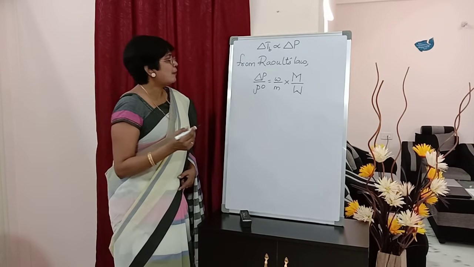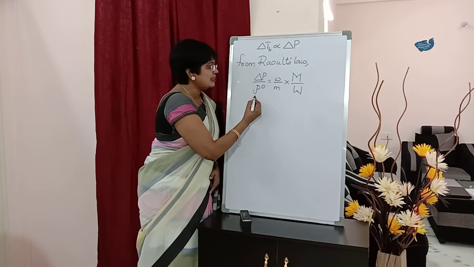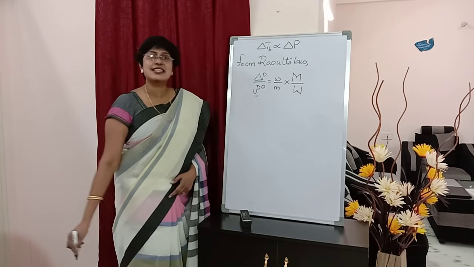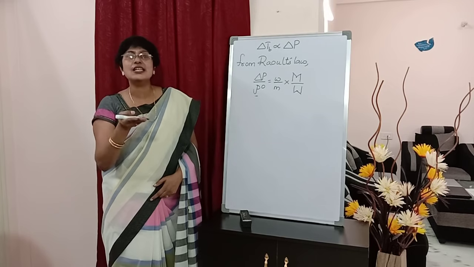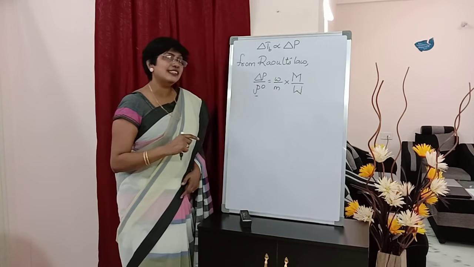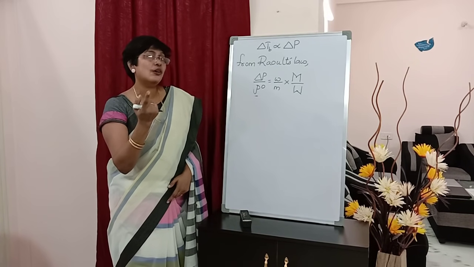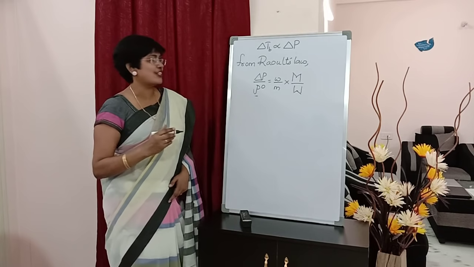Suppose, students, from this expression, I bring this P naught to the right side, shifting its position from left side to right side. On the left side, it is in the denominator. When it goes to the right side, where will it go? It goes to the numerator. Right.